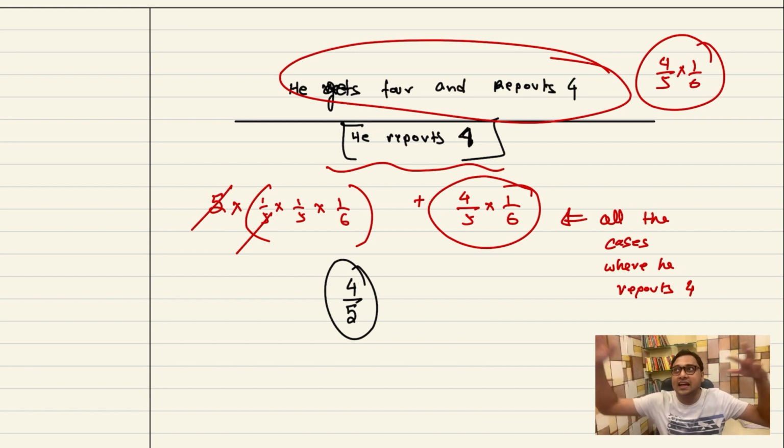You take all the singletons where reporting 4 happens. That's your 100%. You add them up and divide the case that is favorable to you, reports 4 and gets 4, by that total, to see what fraction it is of all the cases where he reported 4.